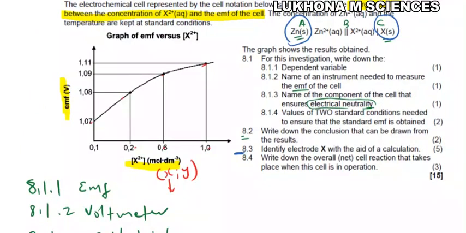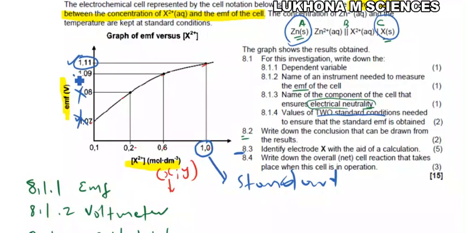If you can look at the graph, we have the concentration which is 1. That is a standard condition for galvanic cell, which means this is the EMF that we are going to use, not this one, not this one, but this one, not even this one.